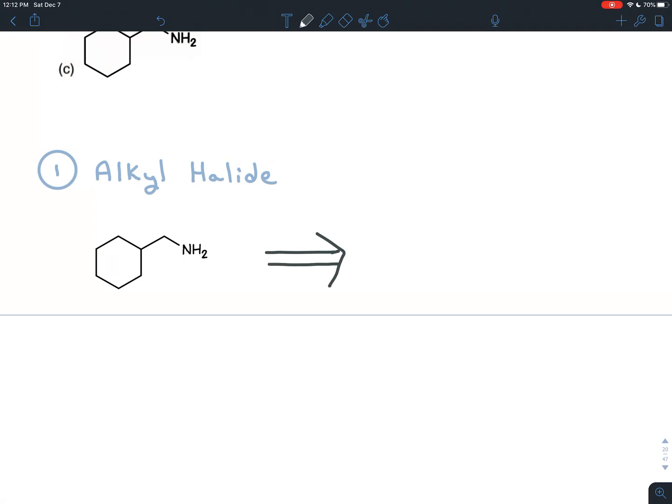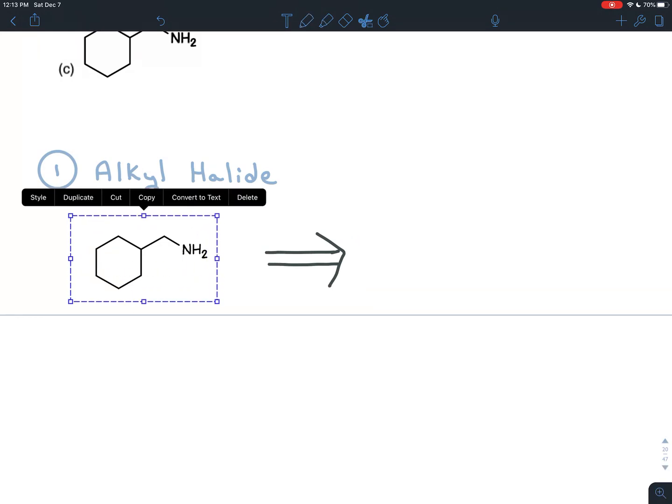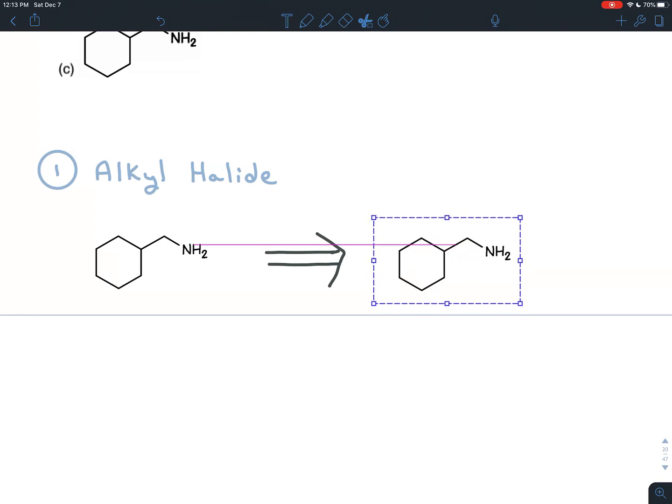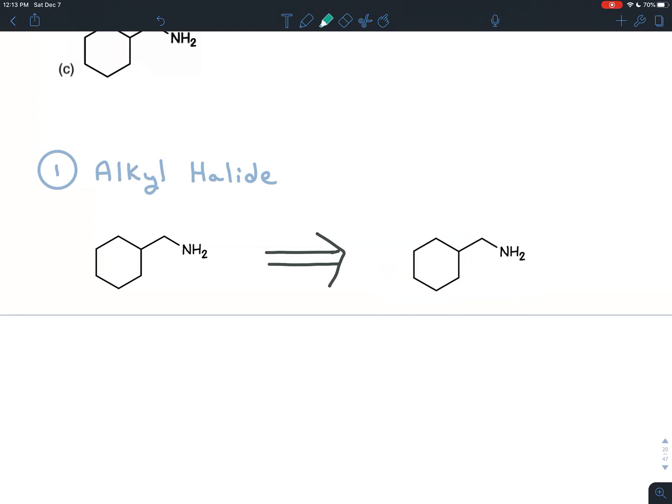We have this, we can make it from this other molecule. What molecule? It's going to be an alkyl halide, but we're going to do that by doing an SN2 reaction with a cyano group, a carbon triple bonded to a nitrogen. That means that we're going to be adding a carbon and a nitrogen. So take the nitrogen in the original molecule and the carbon next to it.